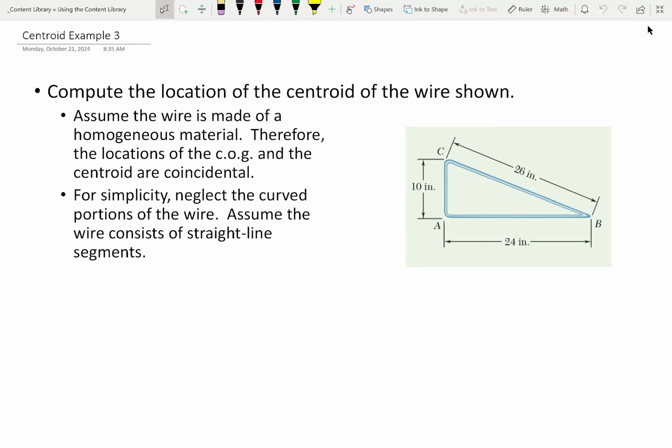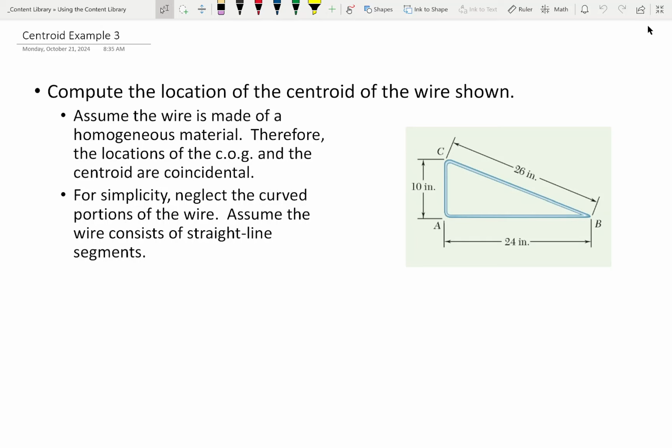We're not going to get that because this is not a solid triangle. This is a series of 3 wires, okay? And we're trying to figure out the center of this group of wires. So instead of a solid triangle, sort of think of trying to find the center of a hanger, like a clothes hanger. Where is the centroid of that, okay?